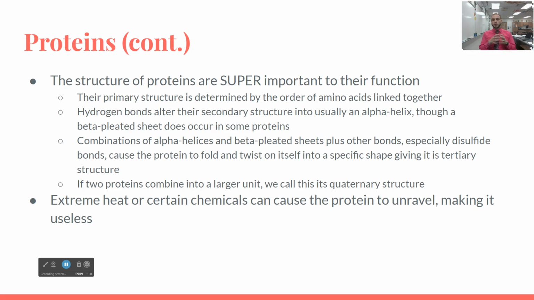And then if you take 2 proteins that are folded and twisted on themselves and put those 2 subunits together, you get what's known as the quaternary structure. And so proteins have very specific shapes, very important to their function, but extreme heat and certain chemicals can cause the protein to unravel and actually make it useless. So this is why you need to keep your body at the right temperature, so that those proteins do not start to unravel and you start to lose function.